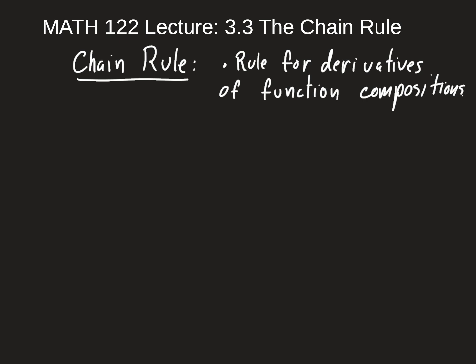So if you struggled a bit on the sections of the textbook and of this course that related to function composition, it's going to be very important that you go back over that and be as solid as you can on that material if you want to be able to be successful with the chain rule and with any problems that will require the chain rule. And that's going to be a lot of the problems in this class. So what does the chain rule tell us?